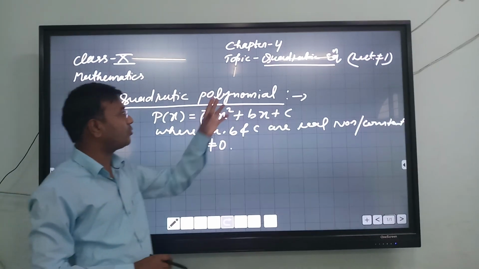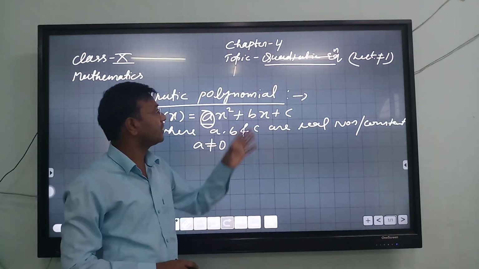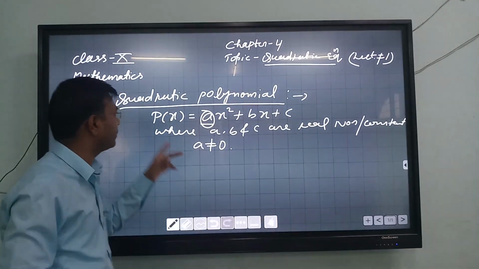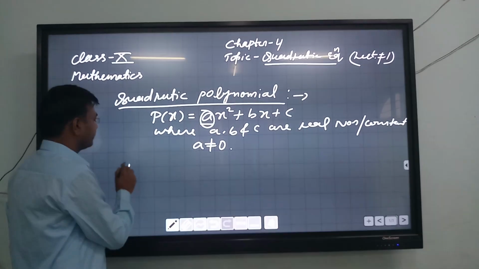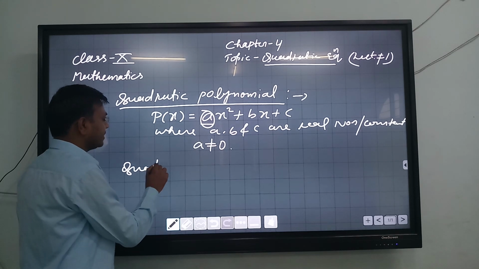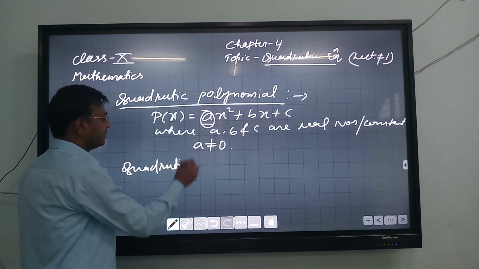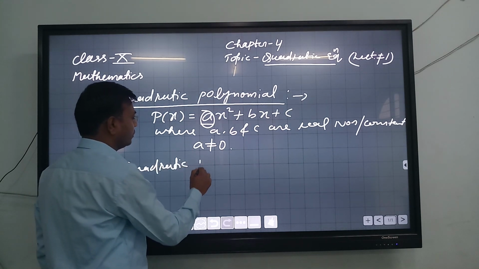Now we want to study quadratic equation. A quadratic equation can be obtained from the quadratic polynomial by equating the polynomial to 0.